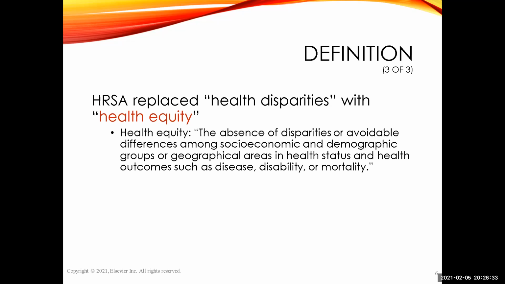And they basically are saying the absence of disparities or avoidable differences among socioeconomic and demographic groups or geographical areas in health status and health outcomes, such as disease, disability, or mortality. So all these terms and their distinction are necessary to understand the impact of what healthcare disparities means to our nursing practice.